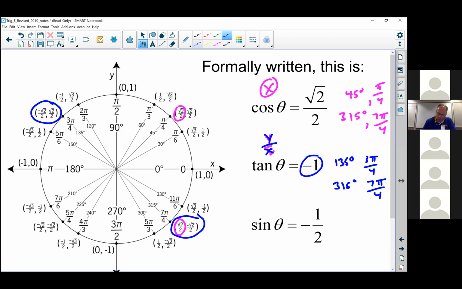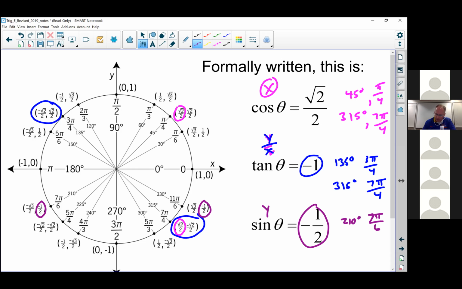And then the last one, sine. I know sine is the y value. So I'm looking for where I have a y value of negative. So I've got a y value here of -1/2, and I have a y value here of -1/2. So I have 210 degrees, which is 7 pi over 6 as a radian.